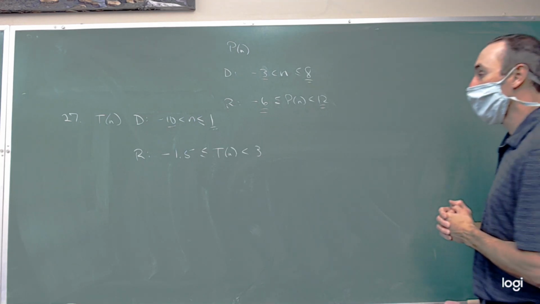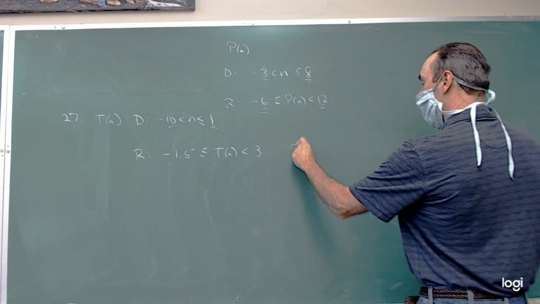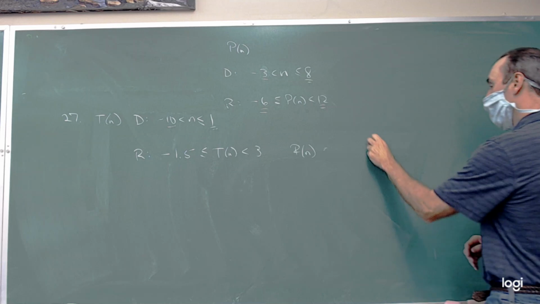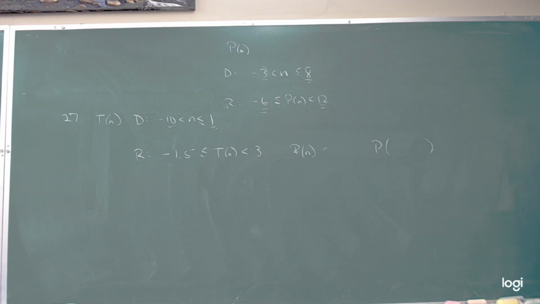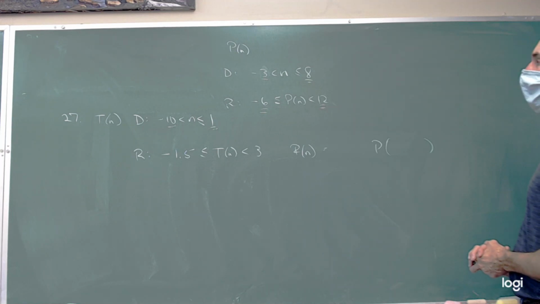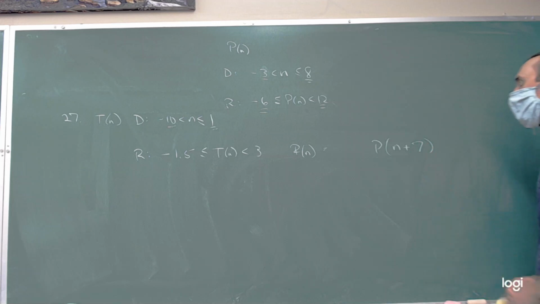So that means our R of n is going to be, and now this is going to be inside because it's affecting the domain. We got to think about this. I think it's actually going to be an n plus 7, right?